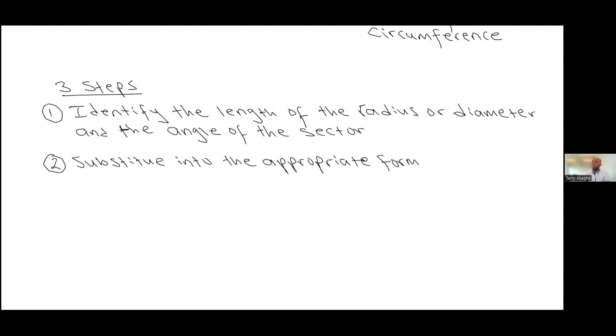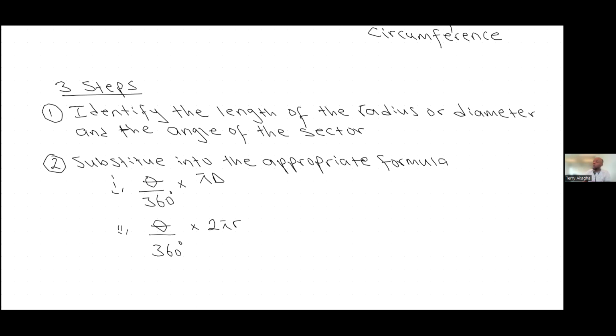If you're given a diameter, you can use theta over 360 times pi d, or if you're given a radius, you can use theta over 360 times 2 pi r.